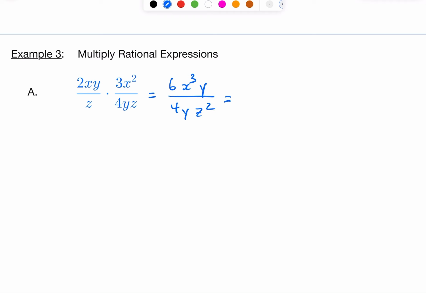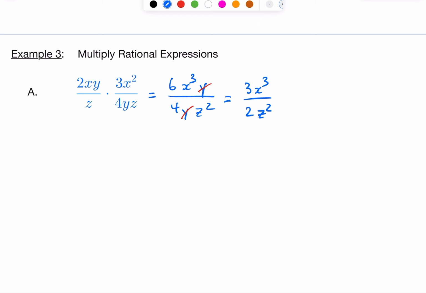And that simplifies out to, well, let's see. We have a y up here and a y down here, so we can cancel those out. And we also have a 6 up here and a 4 down here. 6 and 4 have a common factor of 2, so that cancels out to 3x cubed over 2z squared.